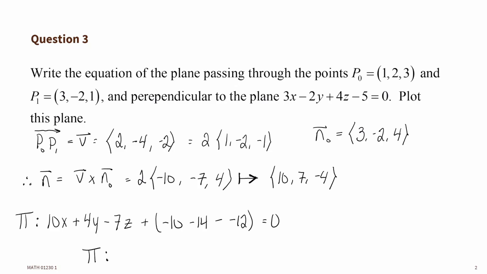All right, so the plane, that's negative 24, so minus 12, right? Equals 0. Why is it plus 4y minus 6? Why is it 10x plus 4y minus 6?